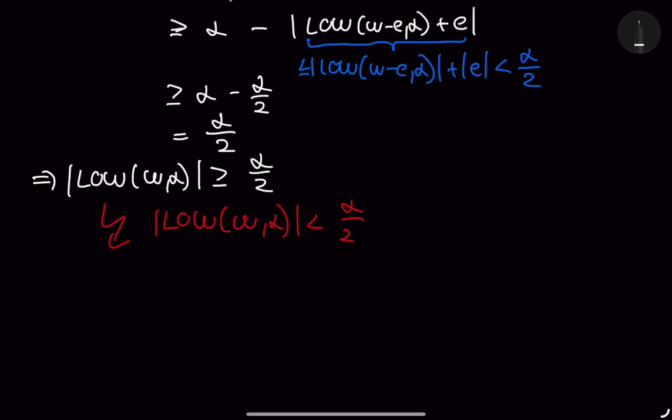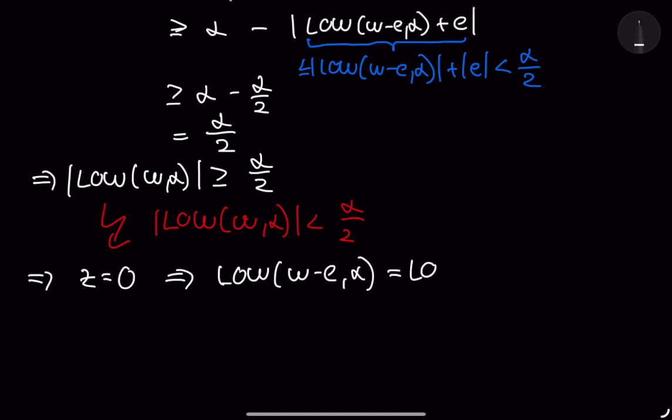So what's the conclusion? The conclusion is that the assumption was wrong, meaning that Z is 0. And this provides this equation. Just going back.